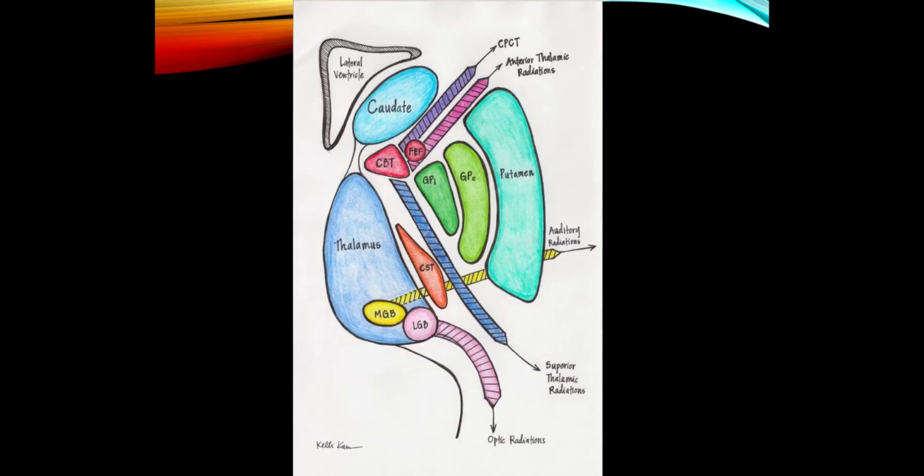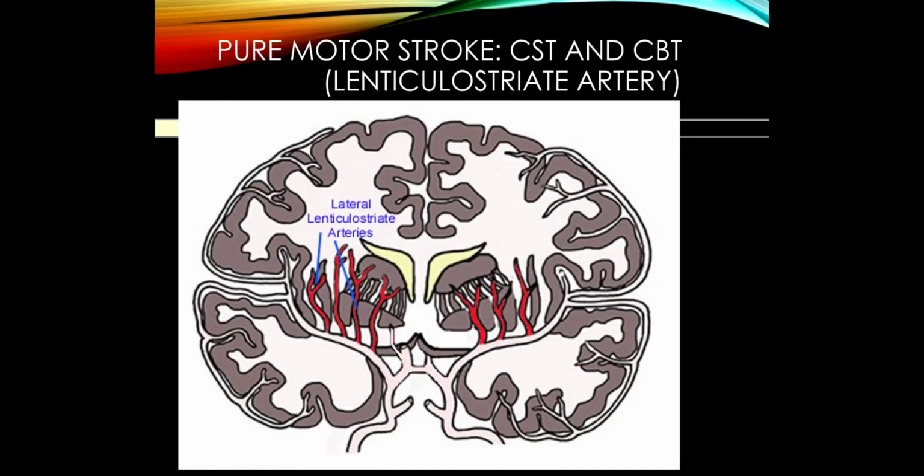And so the lenticulostriate branches supply the corticospinal tract and the corticobulbar tract. And so if we have an occlusion of a lenticulostriate artery, we affect these two pathways, which notice are motor. And this actually turns out to be the most common stroke syndrome that we see.